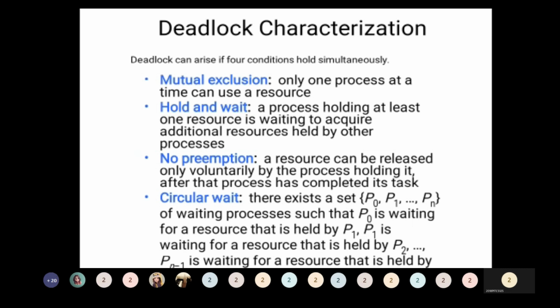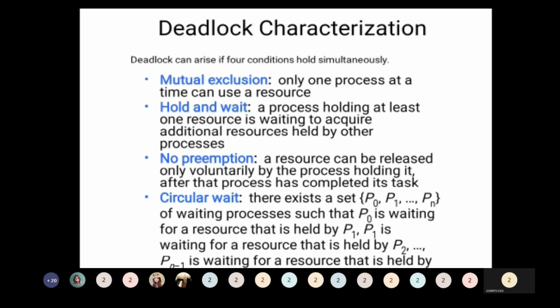Then the fourth condition is circular wait. Circular wait means there exists a set of waiting processes P0, P1, Pn. They are waiting in such a way that P0 is waiting for a resource that is held by P1. P1 is waiting for a resource that is held by P2.